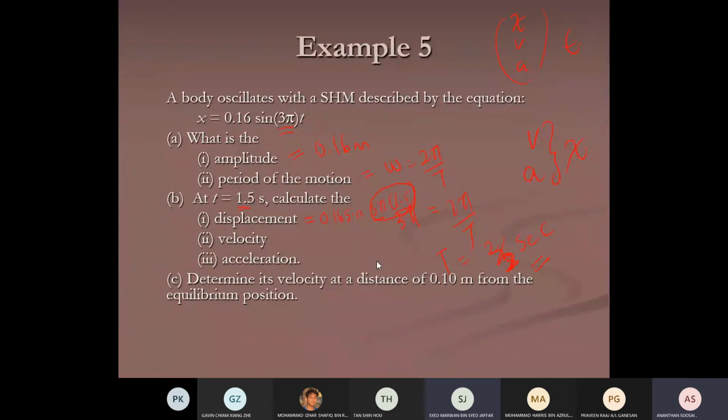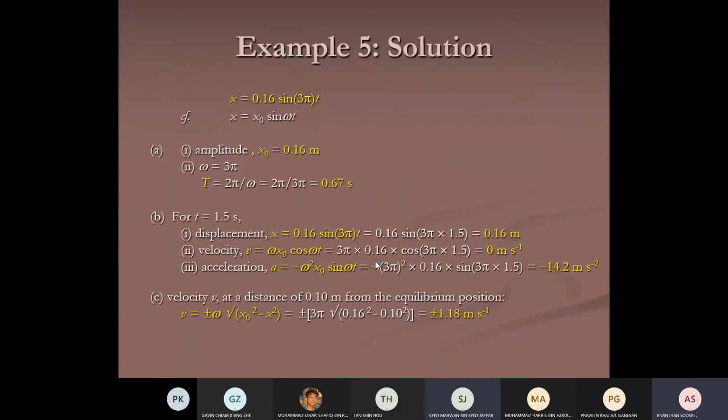So as you see, the displacement is 0.16 meters. Those who got 0.16 meters, you were aware of the radian and the degree mode.